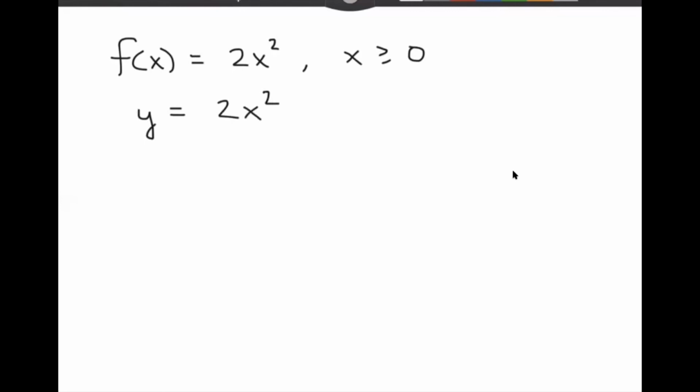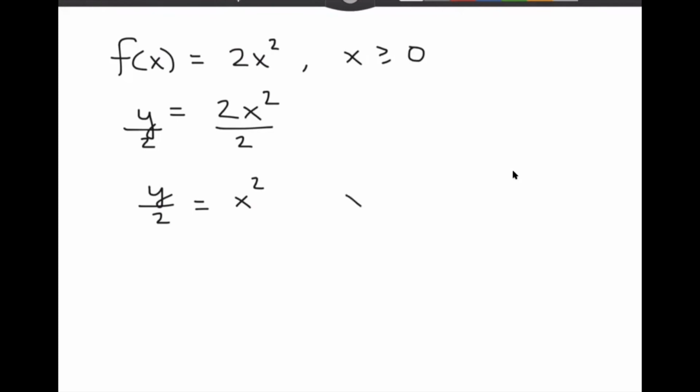Okay, so the first thing they asked me to do, f of x equals 2x squared, x greater than or equal to 0. They want us to find f inverse of x, so that's pretty easy. Let's put a y here instead of f of x. And then we're going to solve for x. So first divide both sides by 2. y over 2 equals x squared. And then technically we're using the square root property.